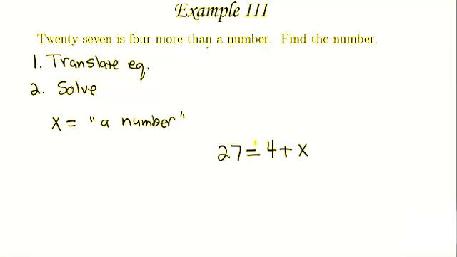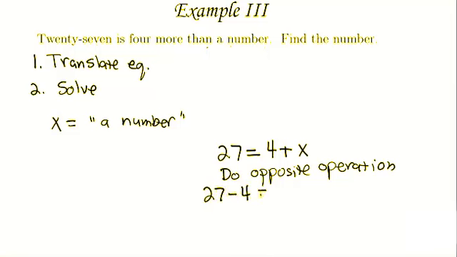In order to find the number, we're going to have to apply the addition or subtraction principle. And when I look, what I have with the x is a positive 4. So I need to do the opposite operation. In this case, I'm going to need to subtract 4 from both sides.